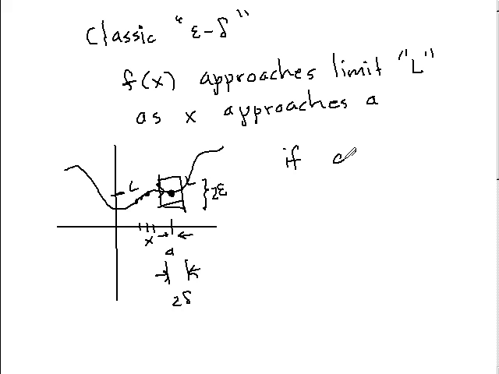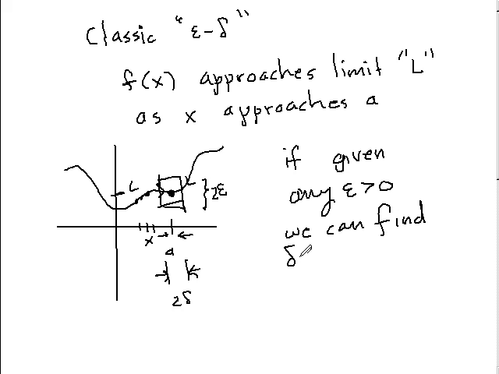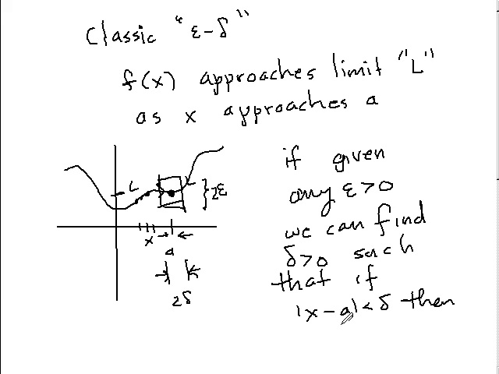Okay, so f of x approaches L as x approaches A if the following is true. If given any epsilon positive, that means any vertical distance, we can find a horizontal distance delta such that, and we all know what comes next, if the absolute value of x minus A is less than delta, and that means x is delta to the left, delta to the right, or inside a distance 2 delta, then the absolute value of f of x minus L is less than epsilon.